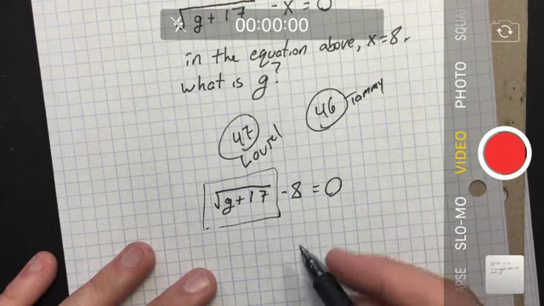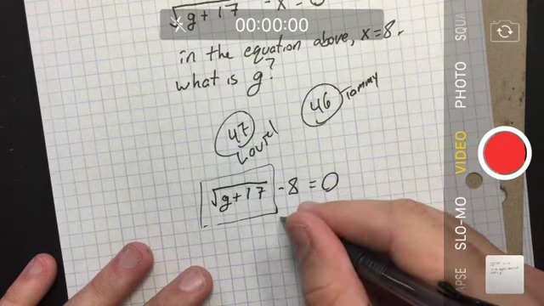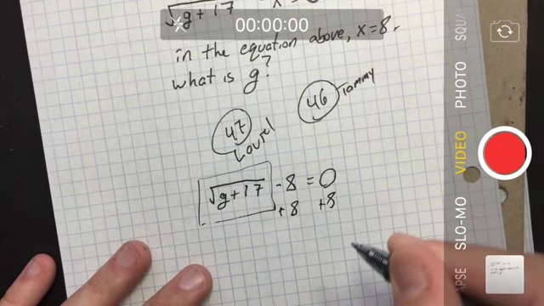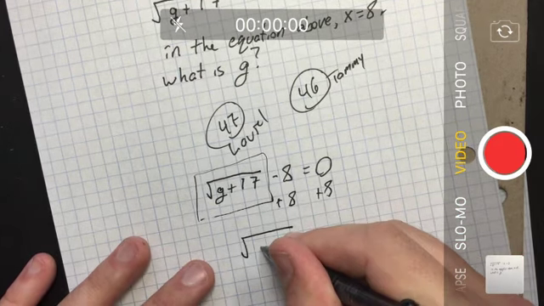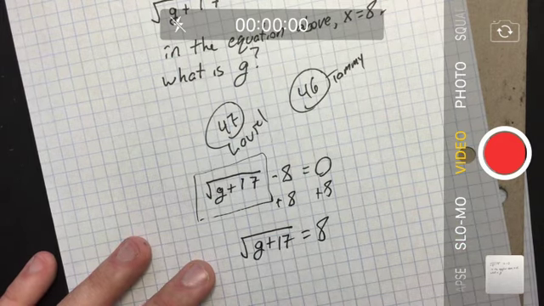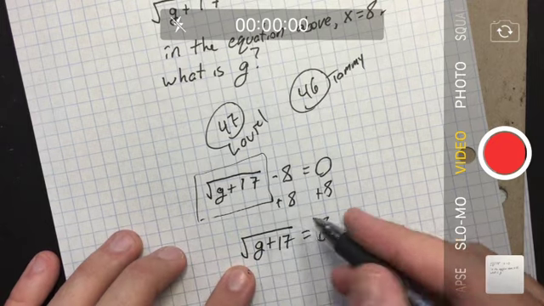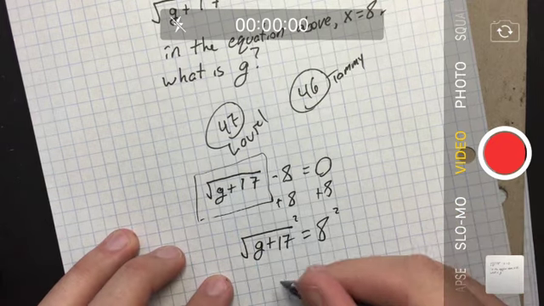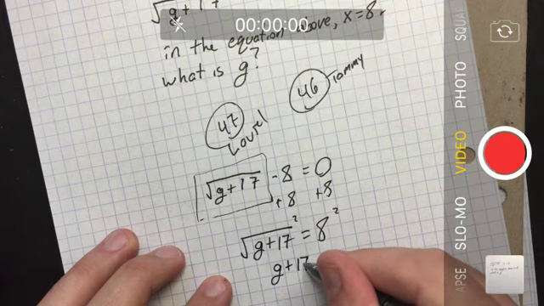For those who are more algebra prone, if we add 8 to each side, then the square root of g plus 17 needs to equal 8. What is the opposite of a square root? Squaring. And so we get g plus 17 equals 64.